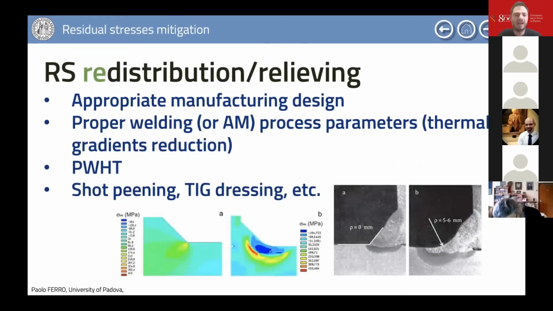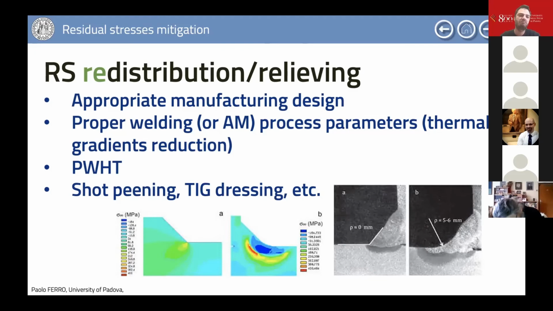According to the mitigating actions that we can operate in order to reduce the residual stress in general, in welded and additive manufacturing components, I can mention the use of appropriate manufacturing design, of course, first of all.